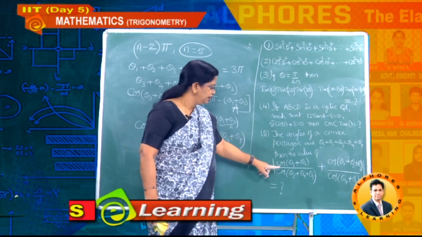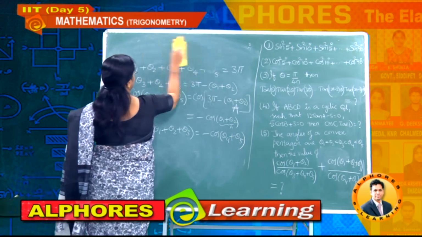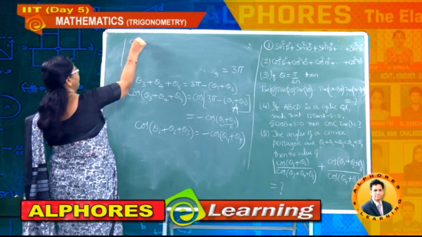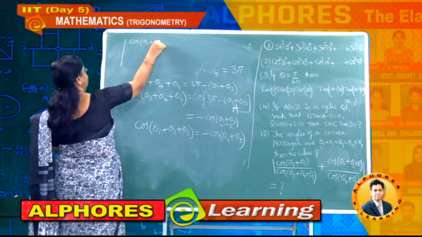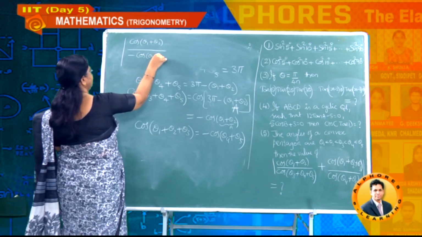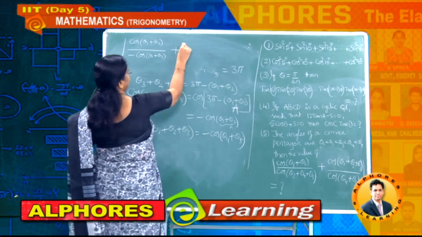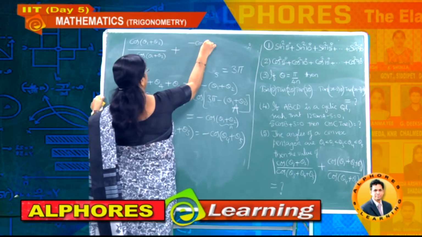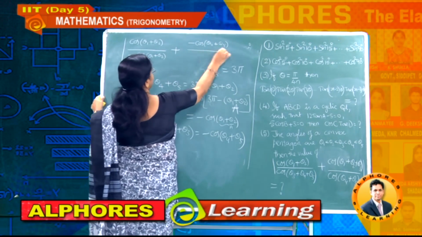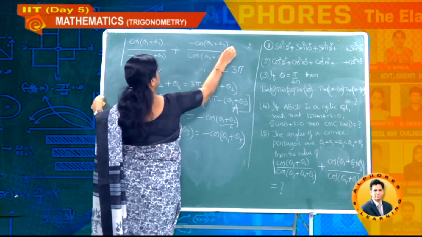Now the denominator you substitute minus cos (theta 1 plus theta 2). So finally it is cos (theta 1 plus theta 2) divided by minus cos (theta 1 plus theta 2). Next, plus the numerator we substitute minus cos (theta 4 plus theta 5), the denominator again cos (theta 4 plus theta 5). So there is a mod in the problem.